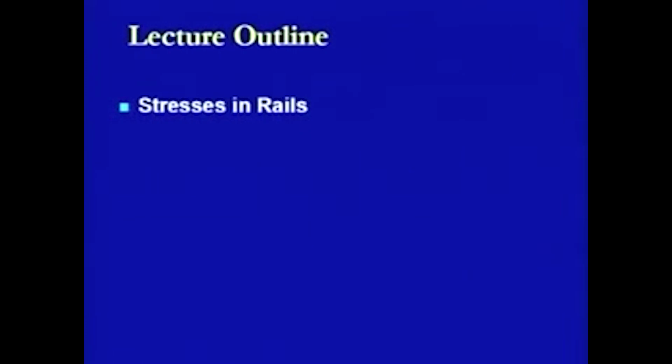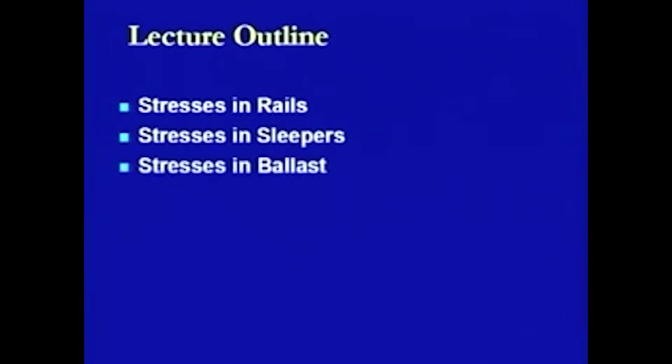When you talk about the components of any track, we will be talking about the stresses in rails and the stresses in sleepers. Next will be the stresses in the ballast cushion that is provided below the sleepers, and then finally the stresses at the formation level, that is the lowermost level which supports all the three things listed before.